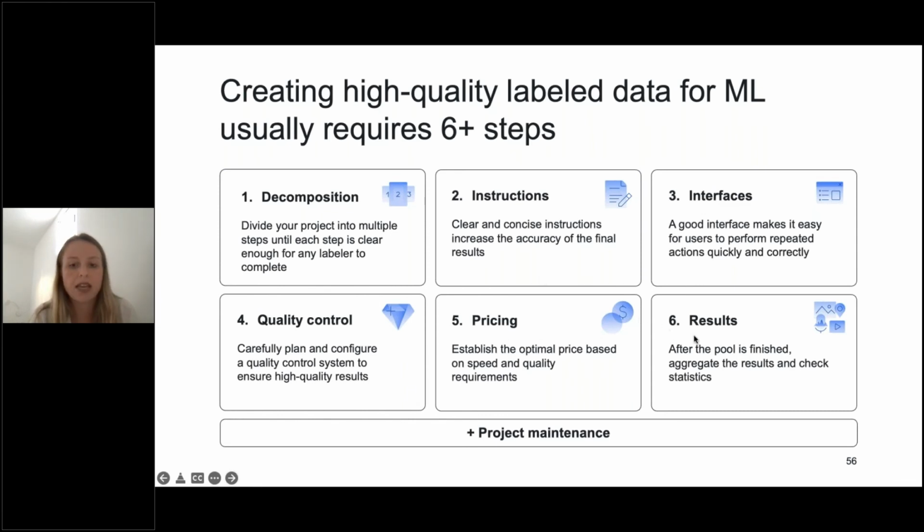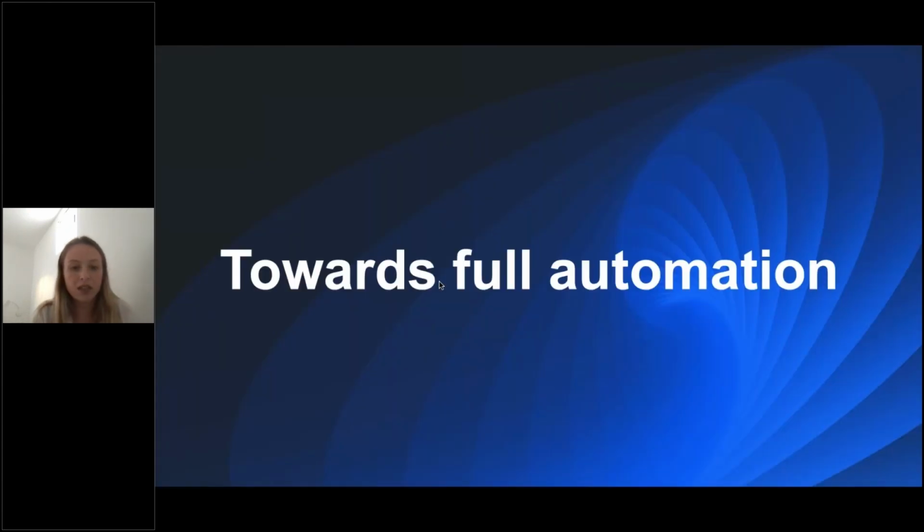We also talked about how to gather and aggregate the results. There is one additional step which has not been mentioned: project maintenance. Ideally you would use this pipeline constantly, so you need to maintain it.